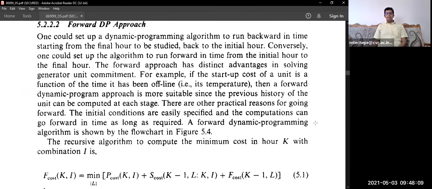Okay, a forward dynamic programming approach algorithm is shown in the flow chart.